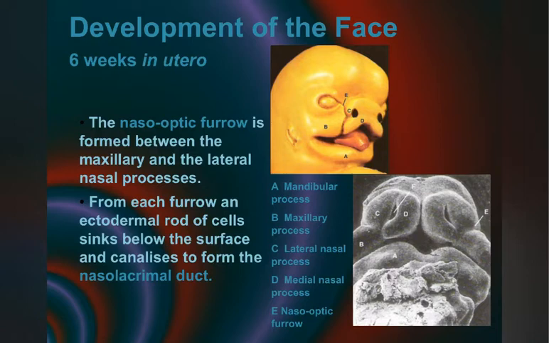Continuing with week 6 in utero human embryo, the naso-optic furrow is formed between the maxillary and lateral nasal processes. From each furrow, an ectodermal rod of cells sinks below the surface and canalizes to form the nasolacrimal duct.